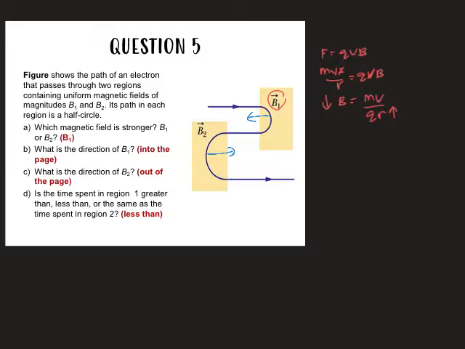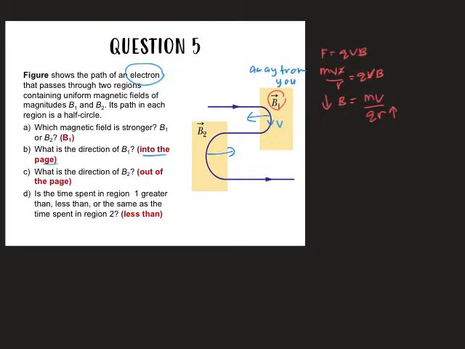The force is toward the center, so I put my force to the left. And the velocity here is downward, but because this one is an electron, you need to change the direction of the velocity, which is upward. Therefore your magnetic field for B1 is going to be away from you, or you can say into the page.